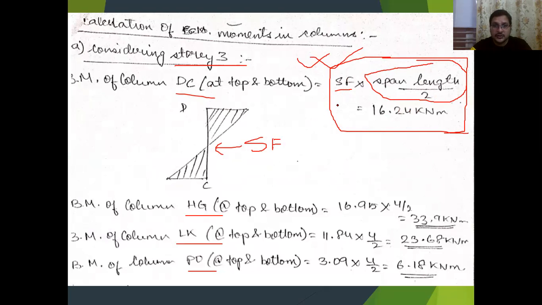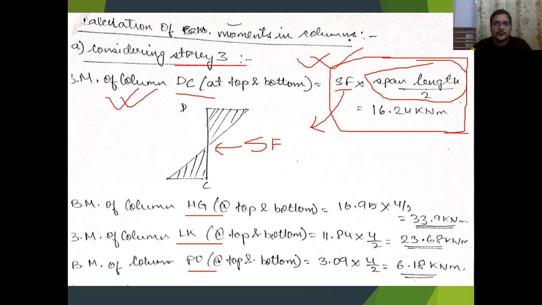And if you don't know the shear force but know the bending moment, then shear force will be bending moment multiplied with 2 divided by span length. Just cross multiply this equation. This is how we calculate the shear force in a column.